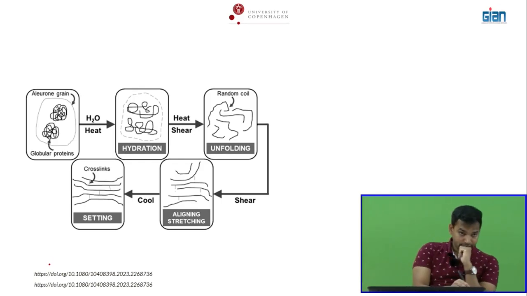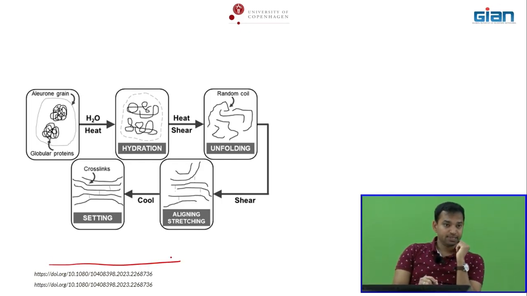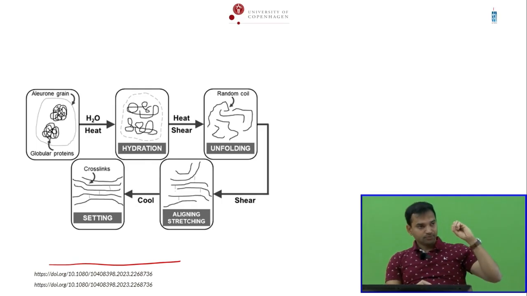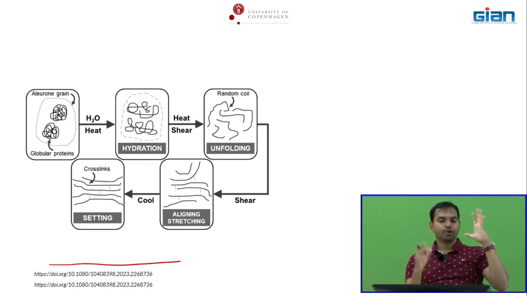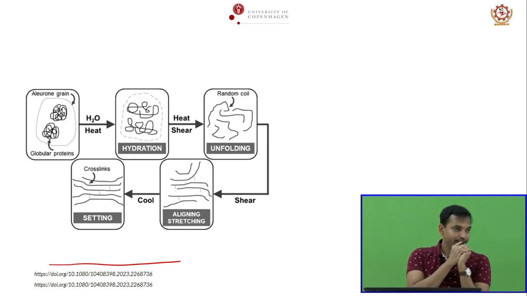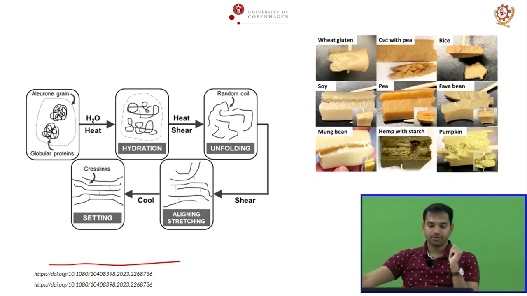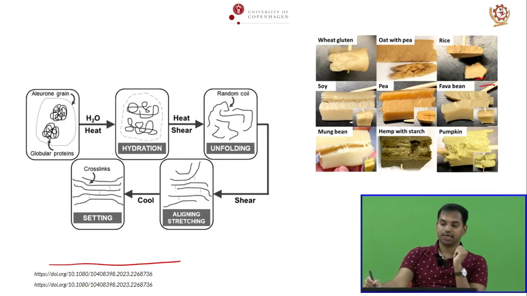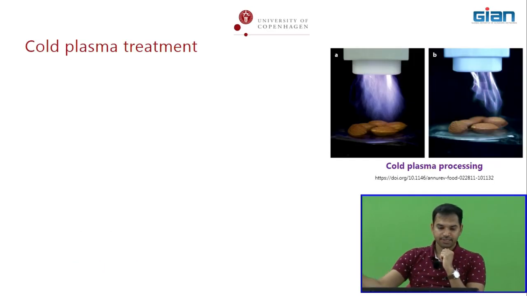I have explained all these things already in the previous lecture during extraction. Protein denaturation and protein cross-linking happen, and that will change the protein three-dimensional structure and the functionality. So you will start getting different structures. I'll not explain this again because I've already taught you previously.